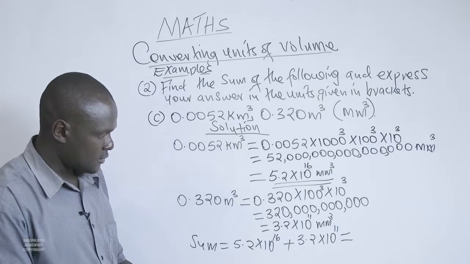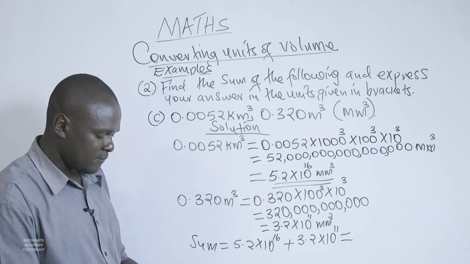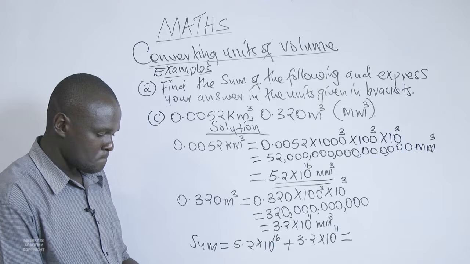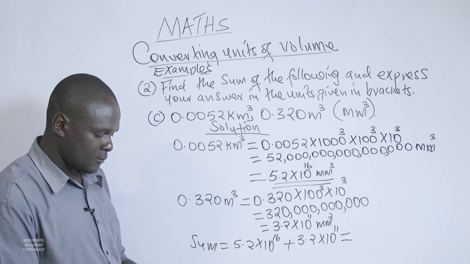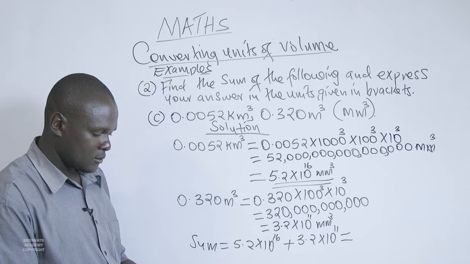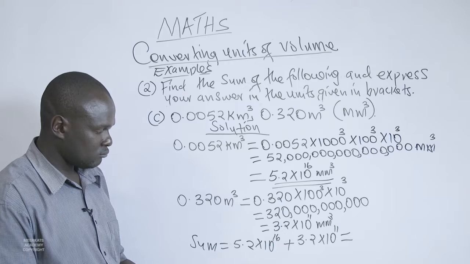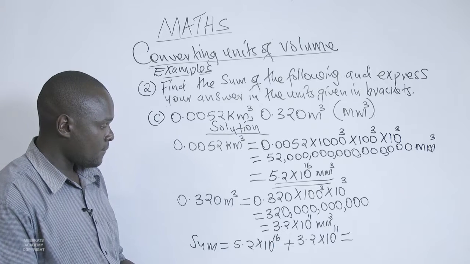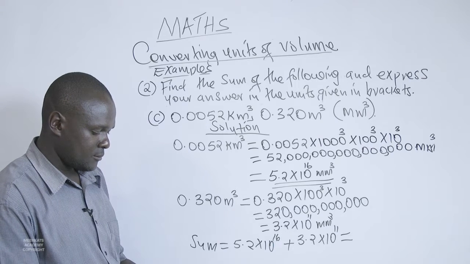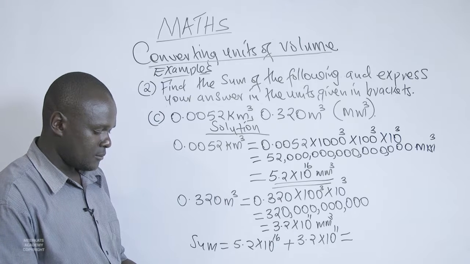Instead of factoring out, let us just perform the addition. This is 5.2 times 10 raised to power 16 plus 3.2 times 10 raised to power 11.